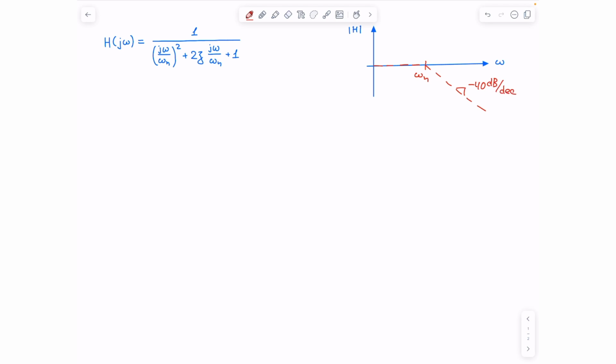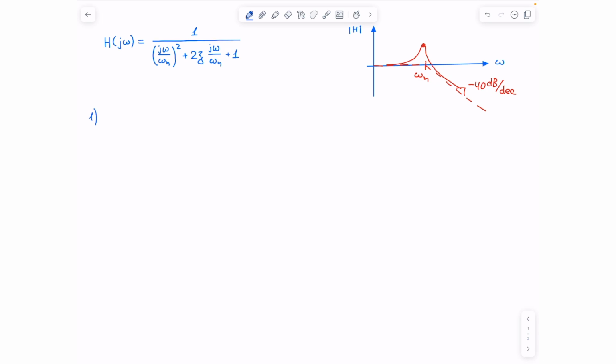And that's it. But the exact magnitude, as it was mentioned in the textbook, has a significant peaking around the corner frequency.